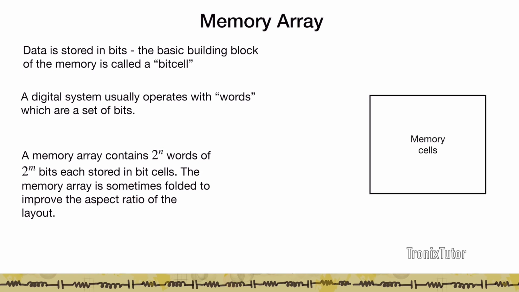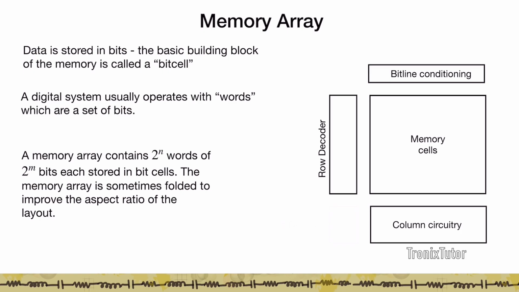If you think about how a memory cell is organized, you have a few memory cells sitting here. Now you need to access the various bit cells. The various bit cells are accessed using what is known as a row decoder, and the row decoder is able to enable a particular bit cell in this entire array.